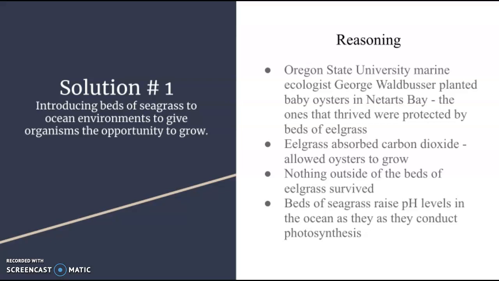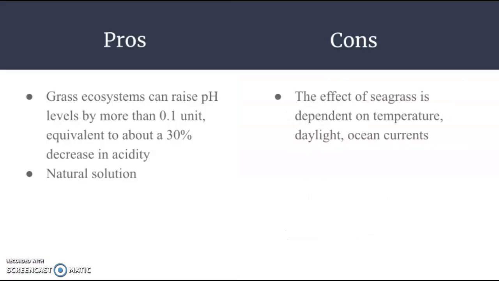The eelgrass absorbed carbon dioxide from the ocean, which allowed the oysters to grow, but nothing outside the beds of eelgrass survived. The beds of the seagrass raised pH levels in the ocean as they conduct photosynthesis, which allowed the oysters to grow with no harm.